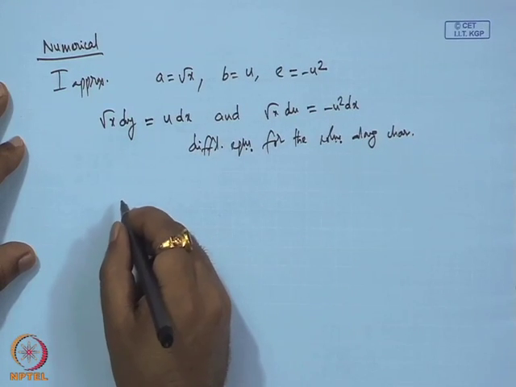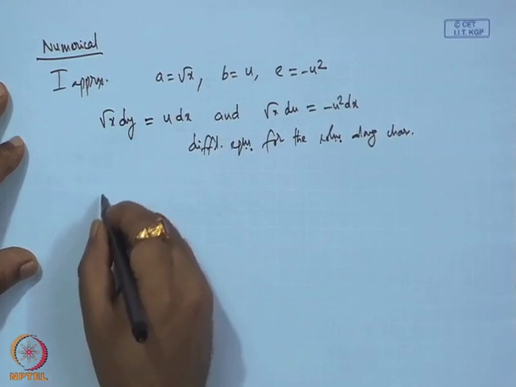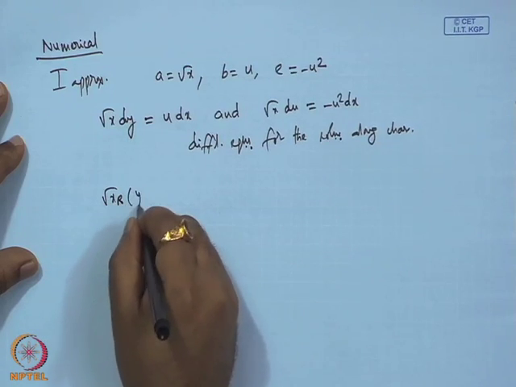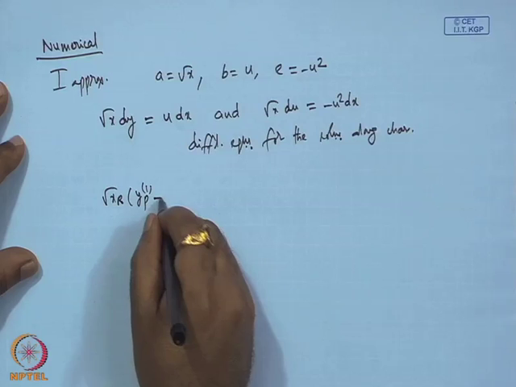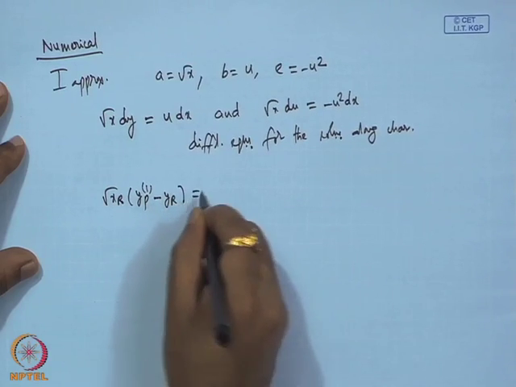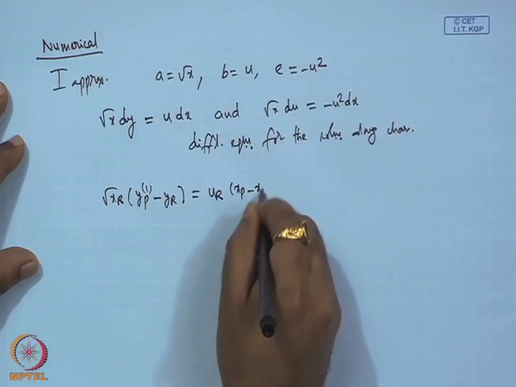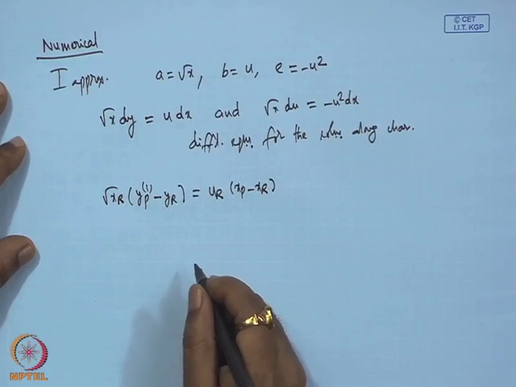So, now if we approximate first approximations, u r, x p minus x r.